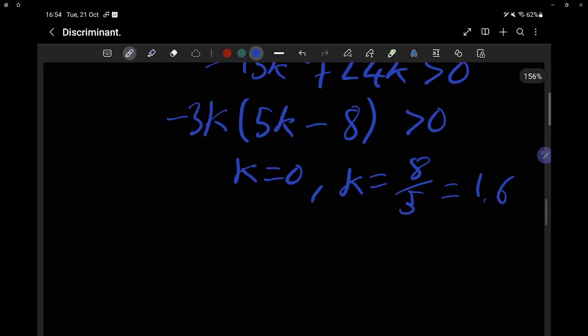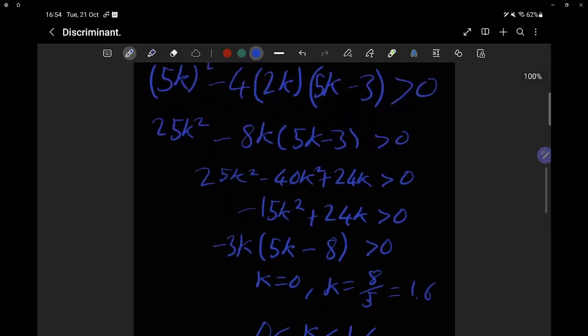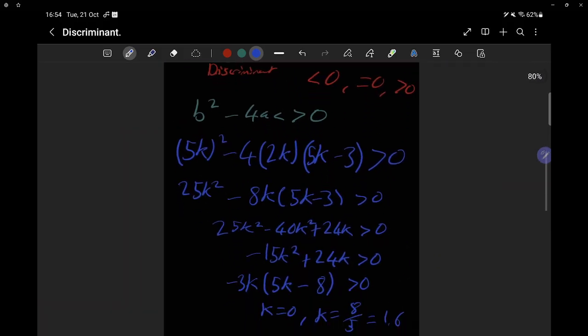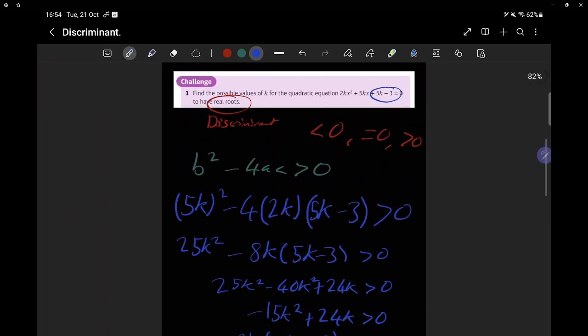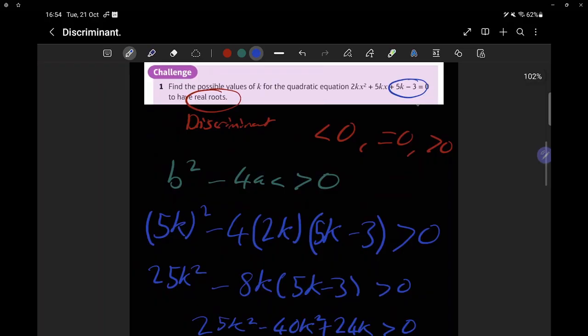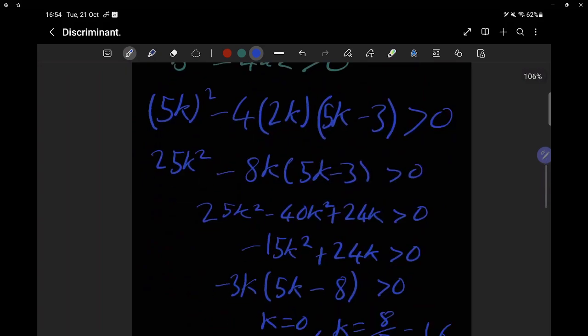But remember, this question wants the possible values of k, and this is an inequality. So we need to convert our answer into an inequality. Fairly straightforward: 0 is less than k, and k is also less than or equal to 1.6. If we think about our answer, if k is 0, then we're left with nothing but minus 3, and minus 3 is definitely not equal to 0.